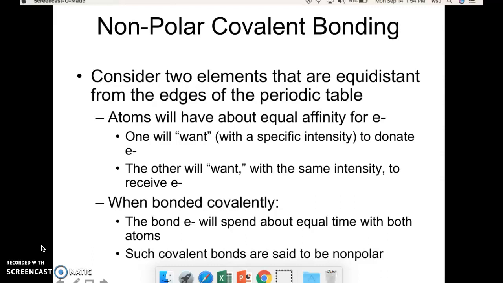The shared electrons spend equal time between the two atoms, like splitting their time between two different houses or two different jobs. So these covalent bonds are said to be nonpolar, meaning they don't care whether they're hanging out more with, let's say in methane, the carbon or the hydrogen. They're equally happy hanging out with both in equal amounts of time.